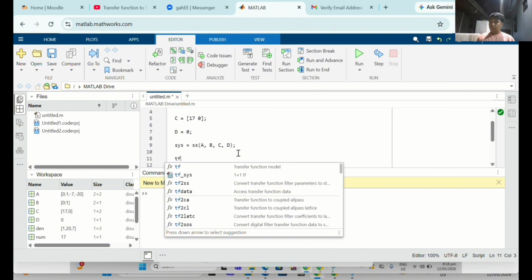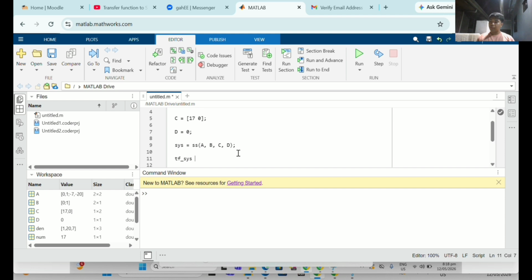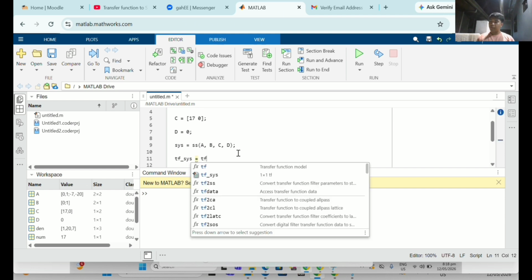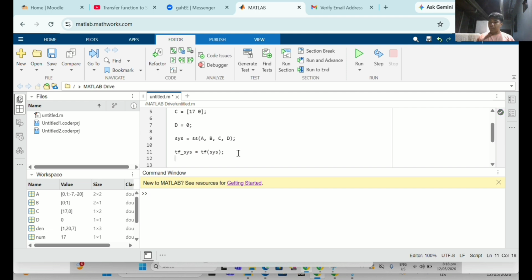Then let's put tf_sys, for transfer function, is equal to tf, the transfer function, parenthesis sys, and semicolon. Enter.